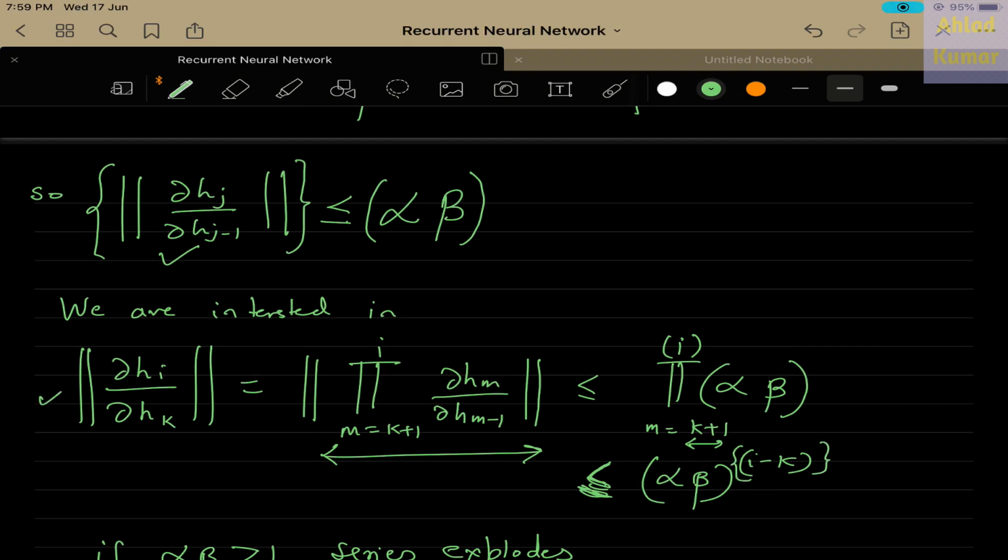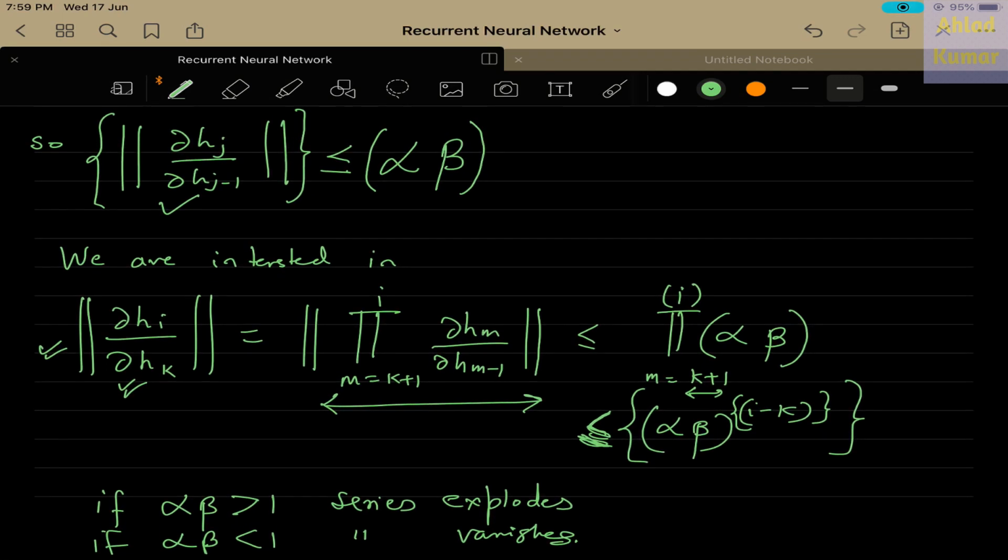So this expression, the derivative of hi with respect to hk, is bounded by this. Now the problem comes: if alpha beta is greater than 1, then this series will explode. And if alpha beta is less than 1, then this series will vanish and become closer to 0.